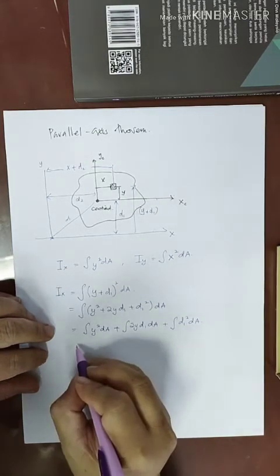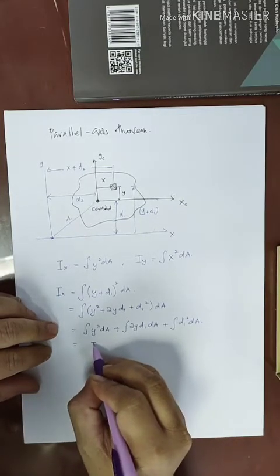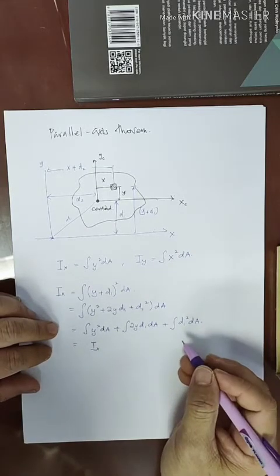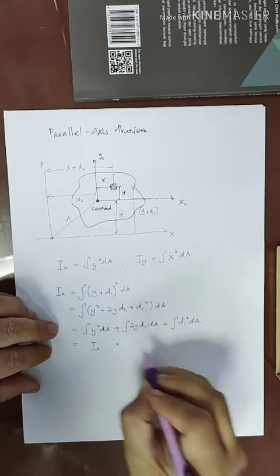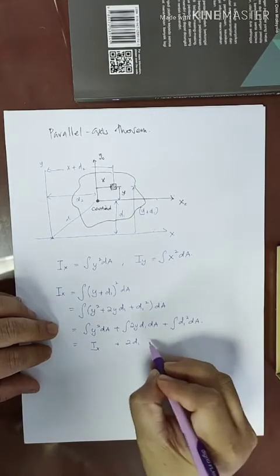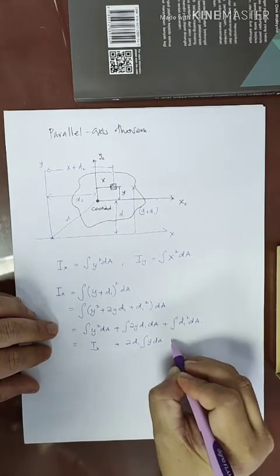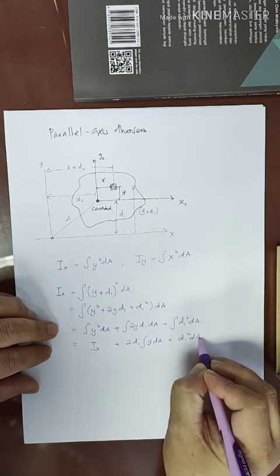Okay, so this is the conventional Ix. Here we have 2 d1 times the integration of y dA, plus d1 square dA.